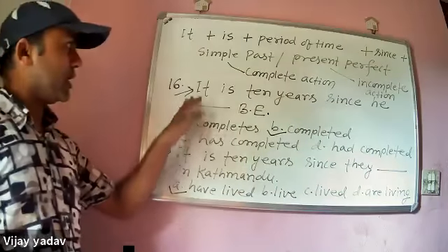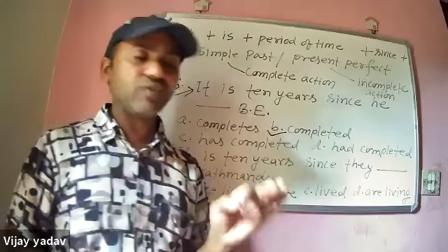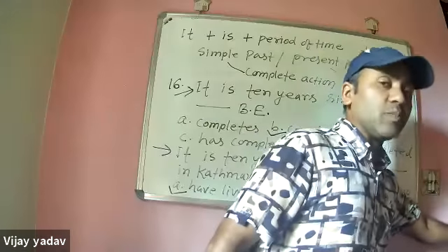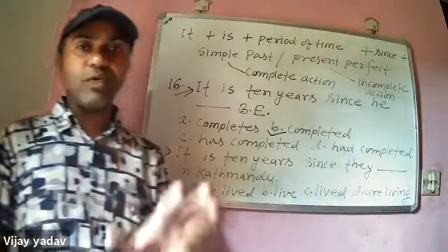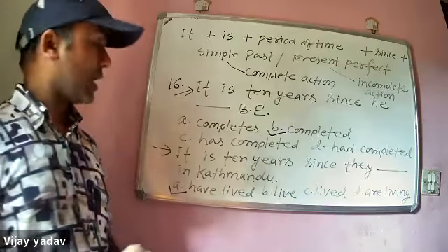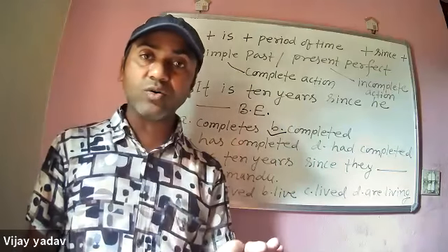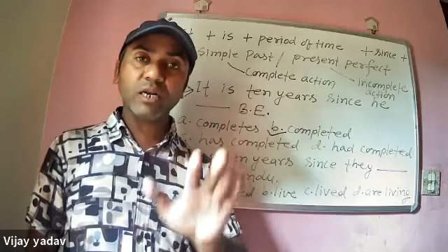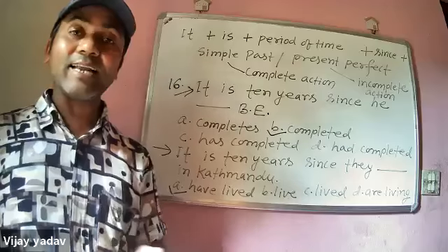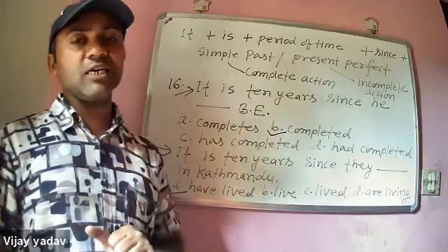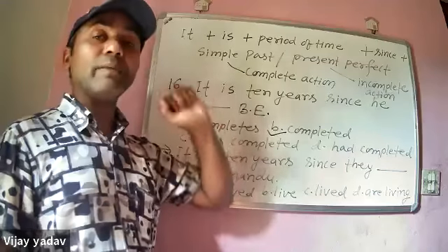Get it? So here, it is 10 years since he completed BE. It means he completed BE 10 years ago. And here, it is 10 years since they have lived in Kathmandu. It means they have lived in Kathmandu for 10 years. The meaning is they are still living. It refers to incomplete action and the other refers to complete action.